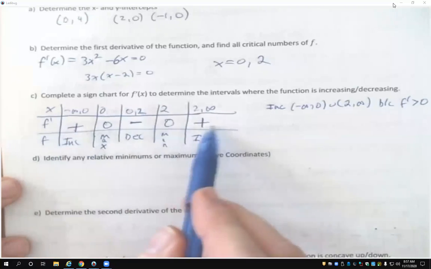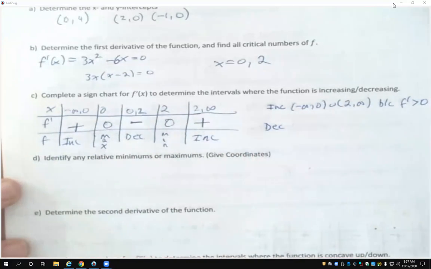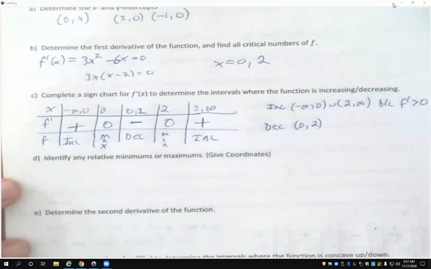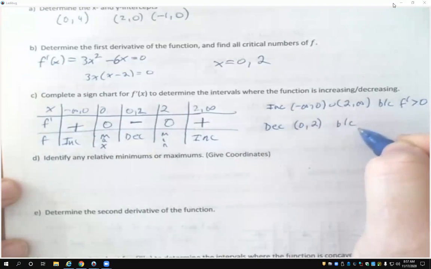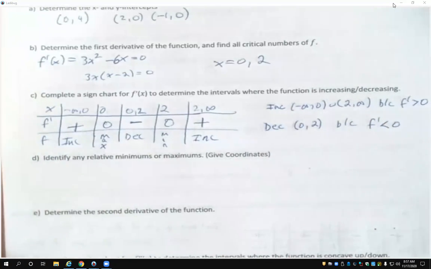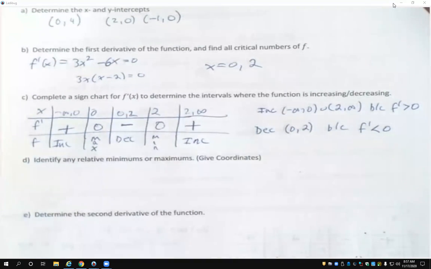Whenever f prime is positive, f is increasing. And then my decreasing interval is going to be 0 to 2, because f prime is less than 0. That's your justification, not the sign table. We just need the sign table as a tool to get to our justification.